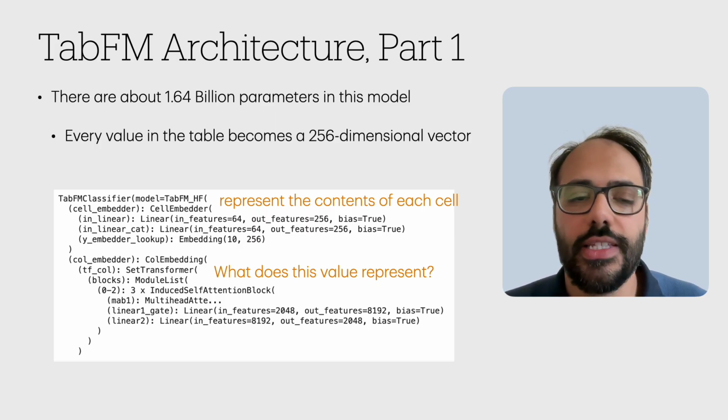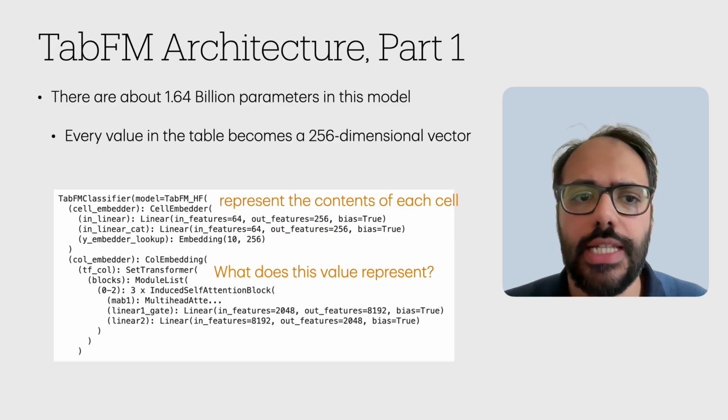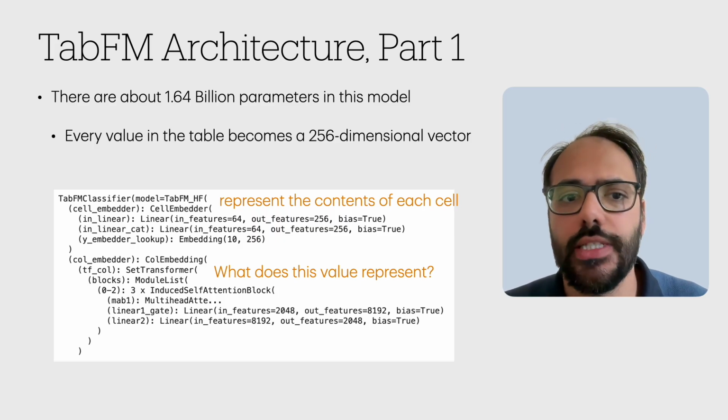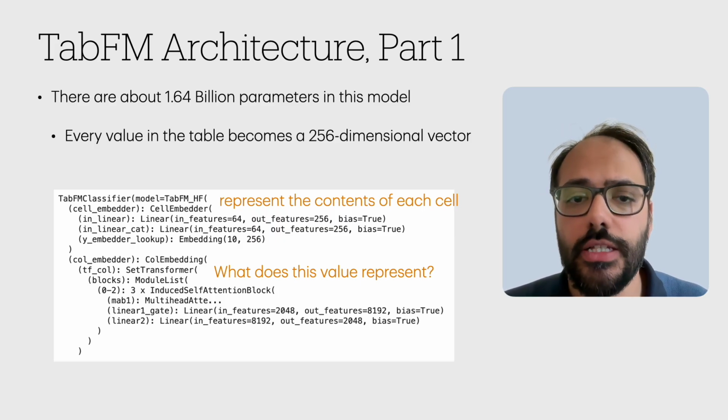So even though I said earlier unlabeled data, in this case we really need to figure out ways of creating labels for unlabeled data in some sense, and that's something that has not been really revealed at this point, how they have done this. But what we know is that there are about 1.64 billion parameters in this model that they have been able to find optimal values for, or train them.